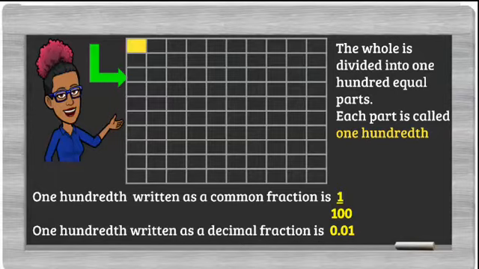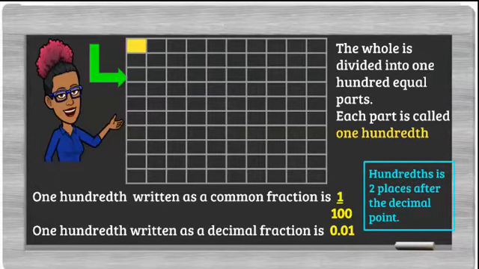Now one hundredth, written as a decimal fraction, is 0.01. Hundredths is two places after the decimal point.